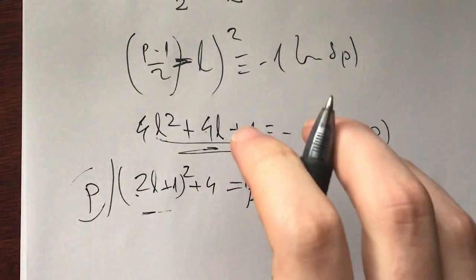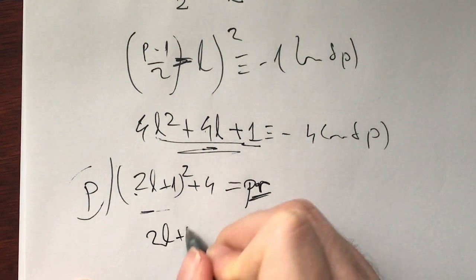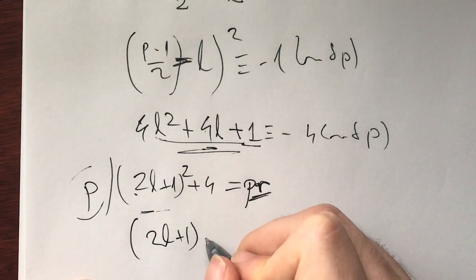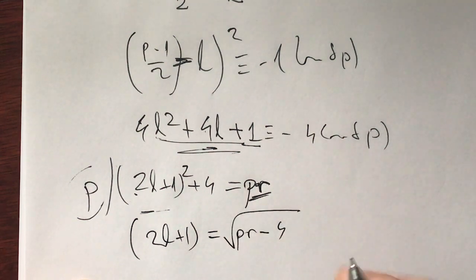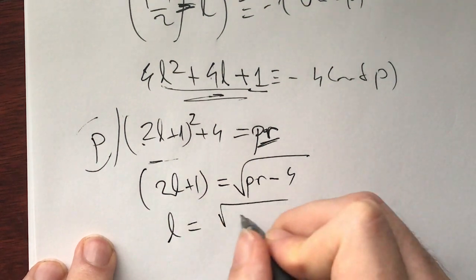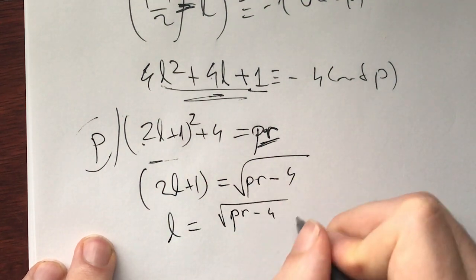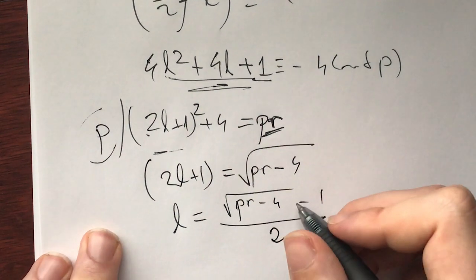And now's the time when we need to estimate, what does r have to be. So we have this is equal to the square root of pr minus 4. So L is going to be equal to the square root of pr minus 4, minus 1, over 2.